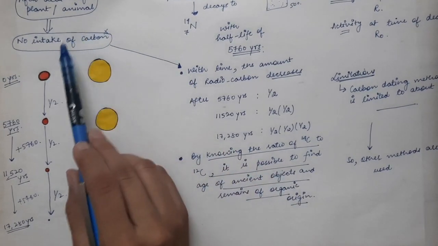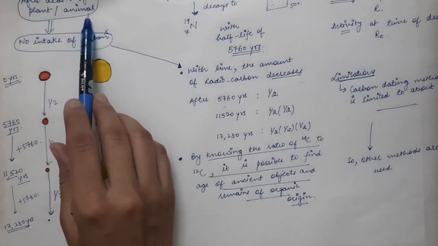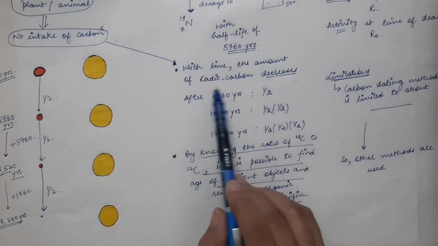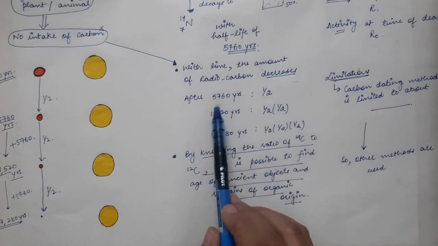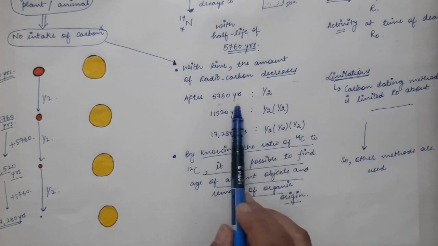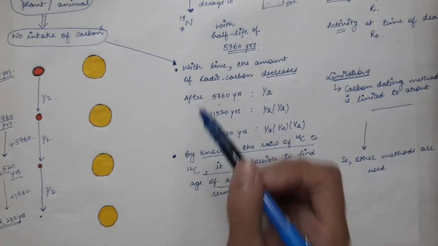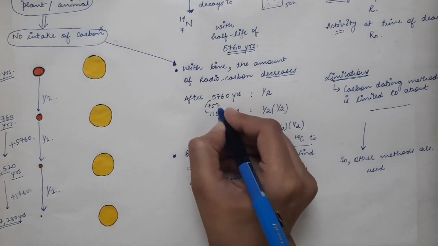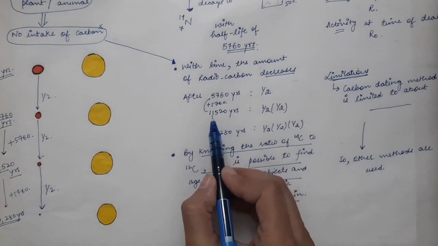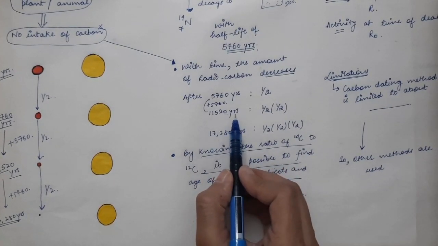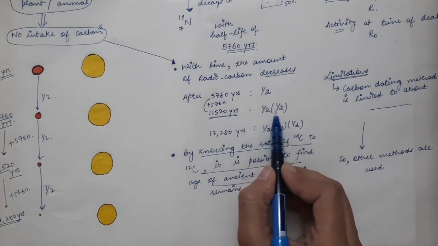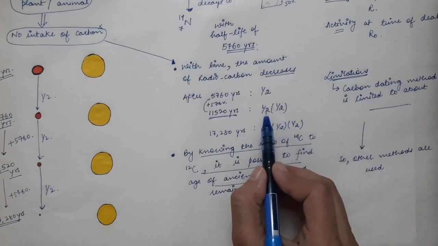Now, after the death of a plant or animal, there is no intake of radioactive carbon. So with time, the amount of radioactive carbon will decrease. After 5760 years, it will become half of its initial value. Then after a further 5760 years, meaning 11,520 years, the quantity will become half again.